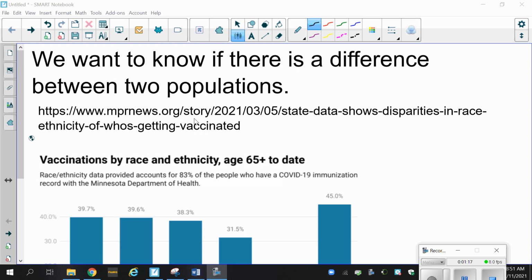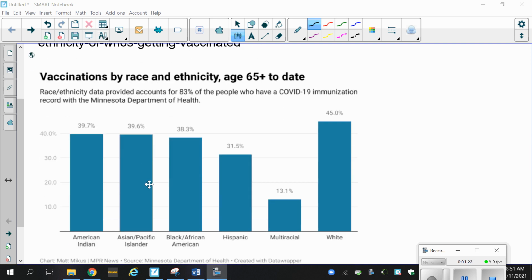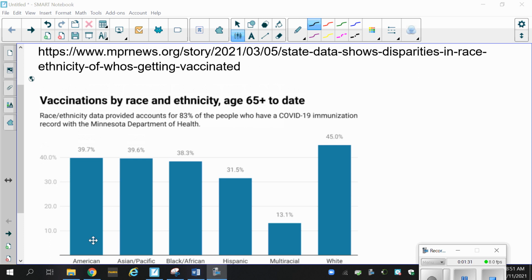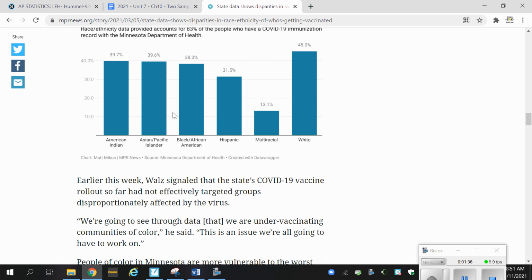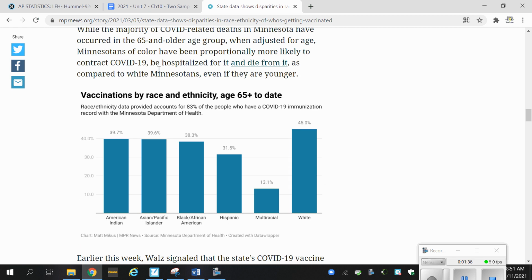So I pulled this story from Minnesota. It was one place where they've actually published the breakout between races. There's the link if you want to read the article, this is where I got it from. So this is mostly recent. March 5th is when it was published.